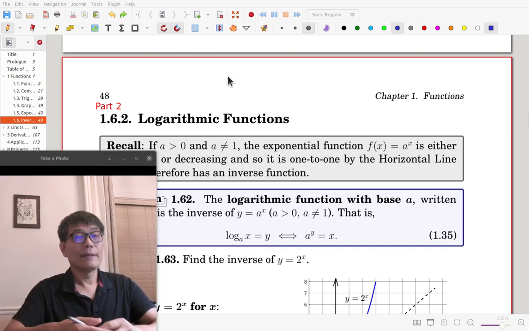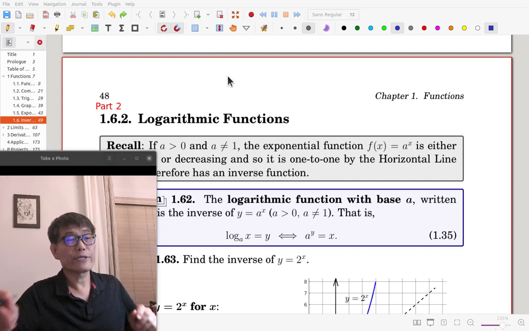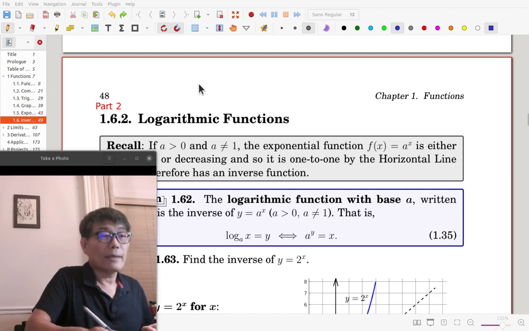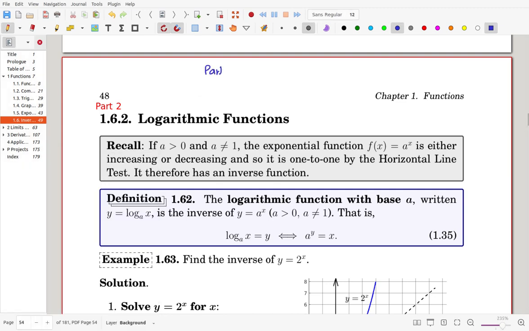Hi. Now is the second part of section 1.6, logarithmic functions. In part 1, we did how to find the inverse of f.